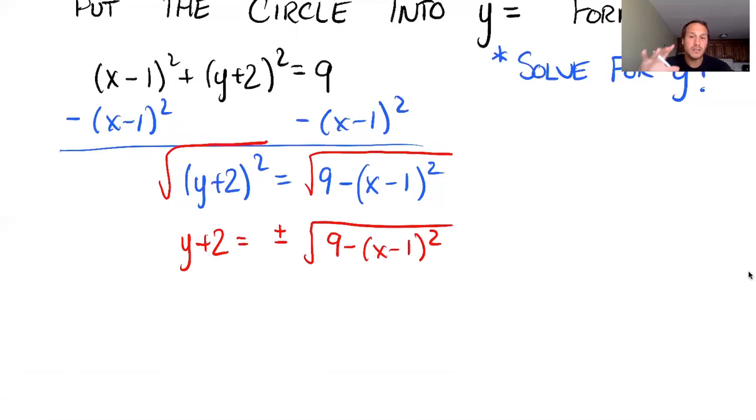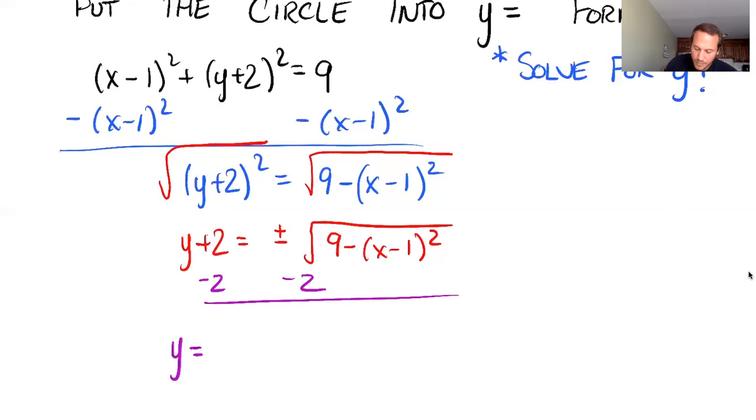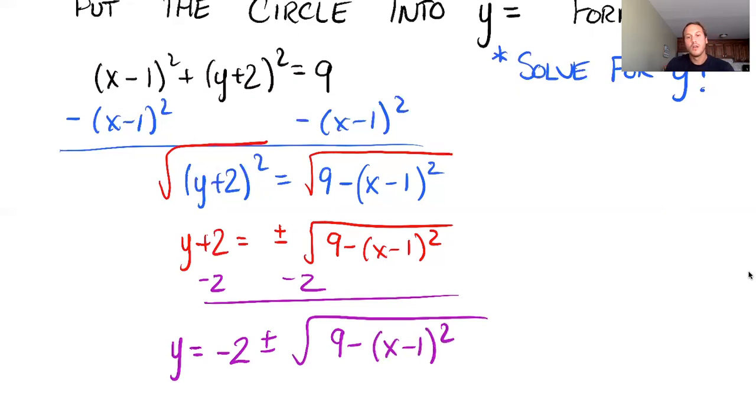And your final step, in order to put the circle into y equals form, is to very simply just move this 2. When we move this 2, it turns into negative 2 plus or minus the square root of 9 minus x minus 1 squared, all under the radical. Do not simplify the radical. This is it. You are done.